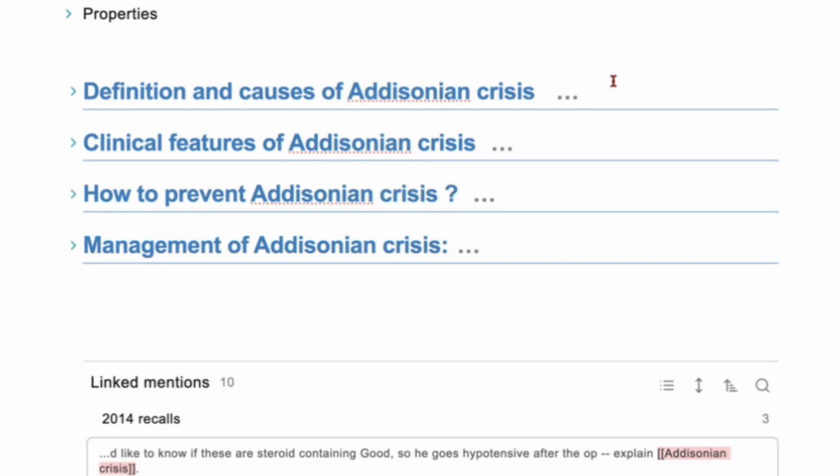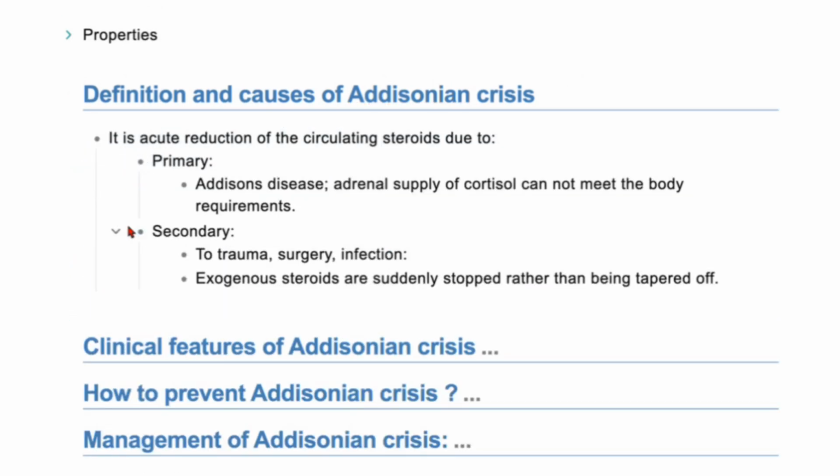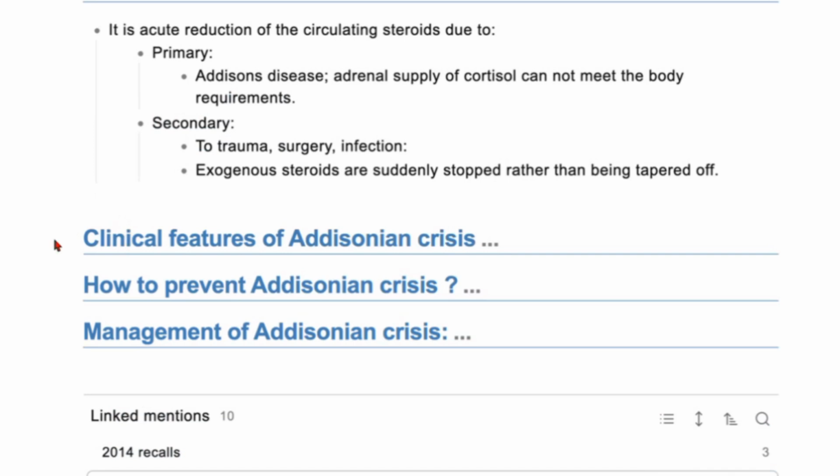What are the clinical features of this crisis? The clinical features would be abdominal pain, nausea and vomiting, unexplained shock, and also the blood picture would be hypokalemia, hyponatremia and metabolic alkalosis. And how do you prevent it?